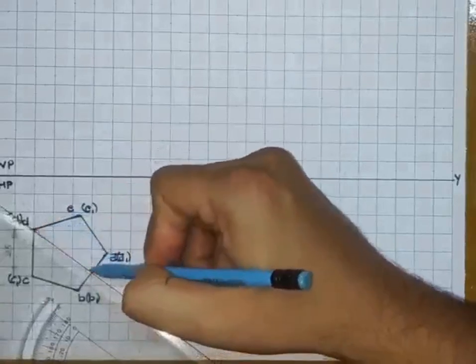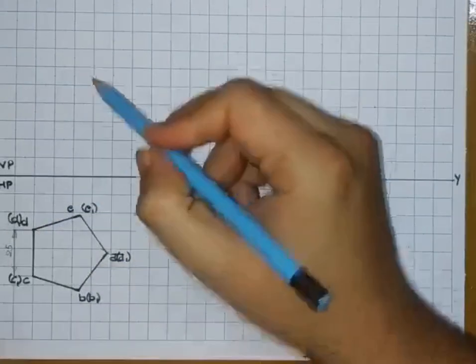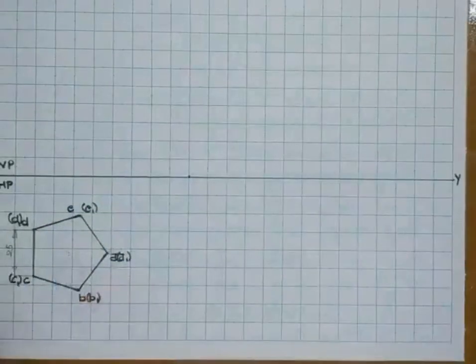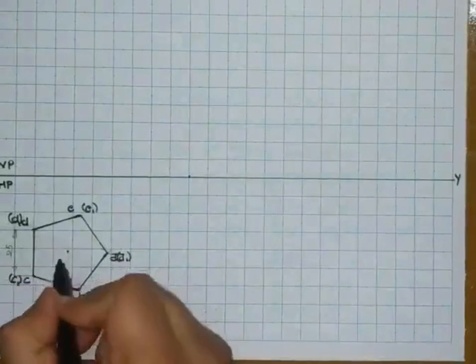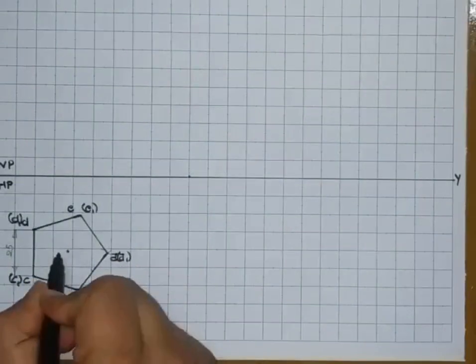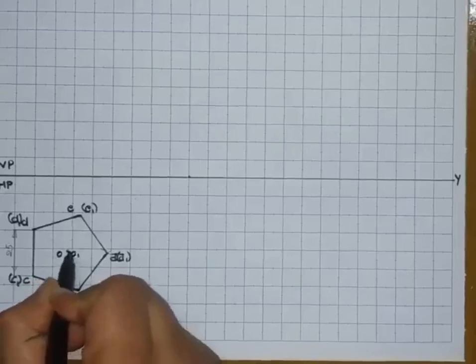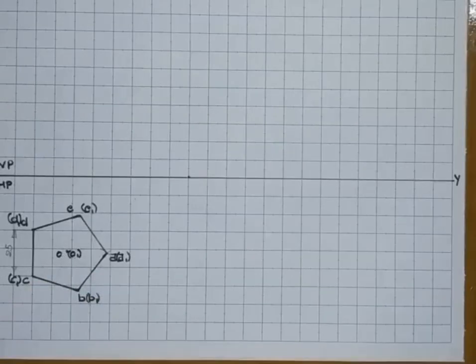Repeat the same with one more corner and edge, so that you are going to get the center of the polygon. I am going to name it as O as well as O1, and since O1 is the base, I am going to keep it inside the bracket.